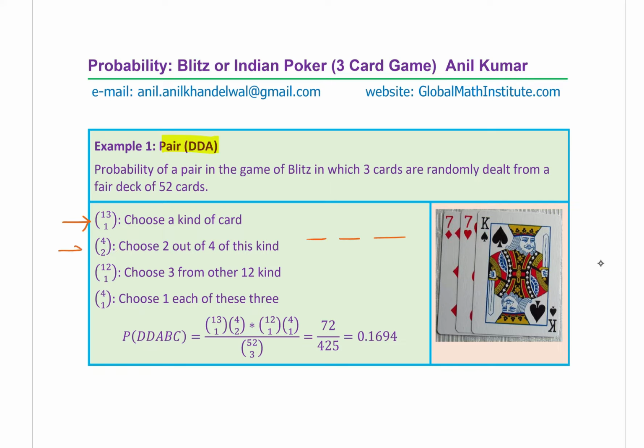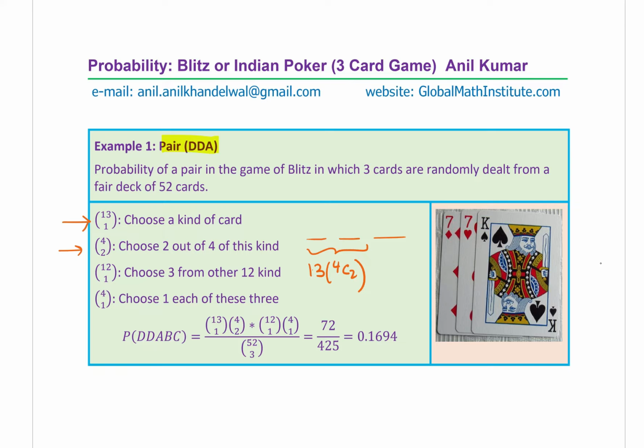So that is how we fill in these two positions, right? So that belongs to 13 choose 1, and from that, we are going to choose 4 choose 2, correct? So that gives you the first two positions. Now in the third position, we should have some other card, and definitely it is not from the kind which we selected, right?